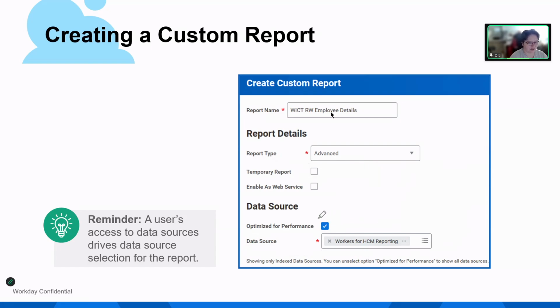That's the only thing. So if the box is ticked for optimized for performance and you're choosing an indexed data source, then you won't be able to see unindexed fields when you are building your report filters.